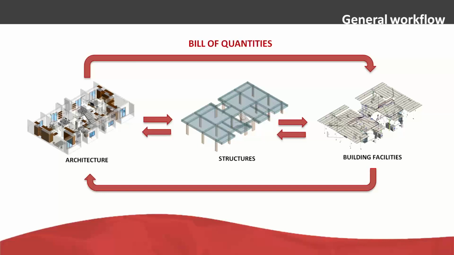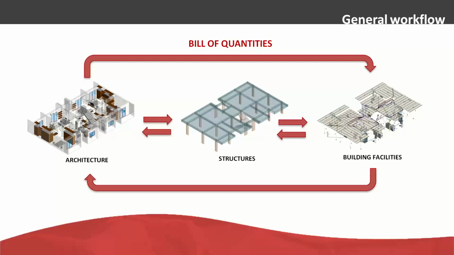But the good point here is that I can get all this information with an external software and read the measurement data of all the different elements. I don't mind if it comes from a software of architectural design, structural analysis, or building facilities.